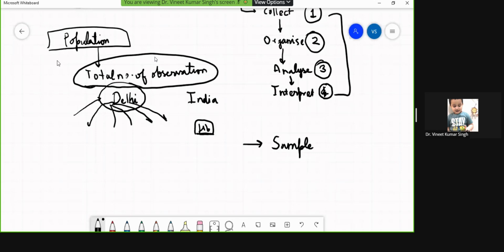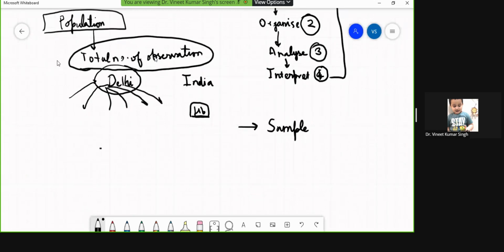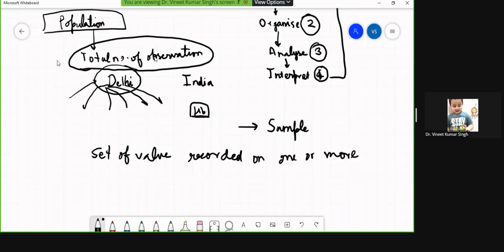Now set of value, this is very important. Set of value recorded on one or more observational unit, either it will be a population or sample, is known as data.